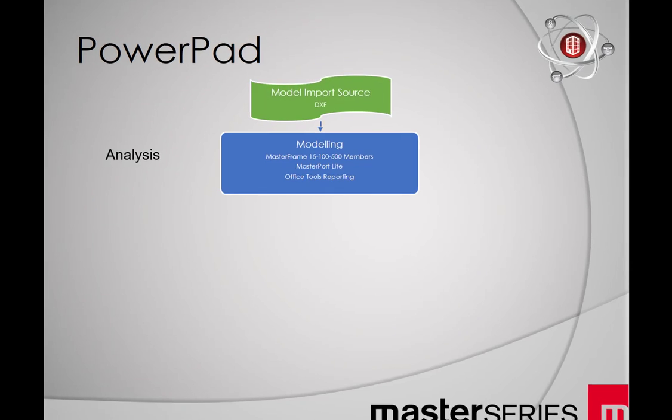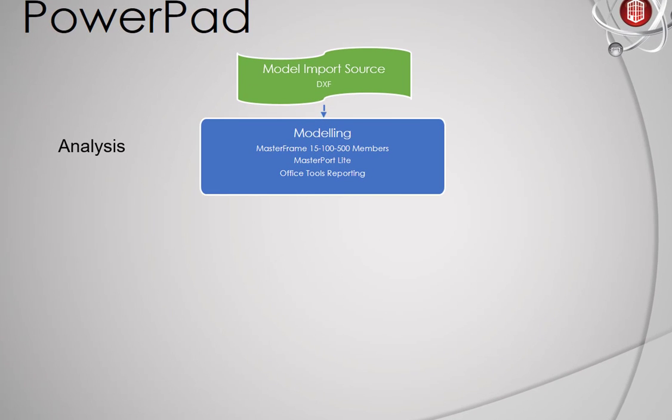So PowerPad consists of analysis. So it's actually taking our modules in the system and giving you limited versions. So we can see we can have frame analysis of either 15, 100 or 500 members. We also get portals and the office tools.